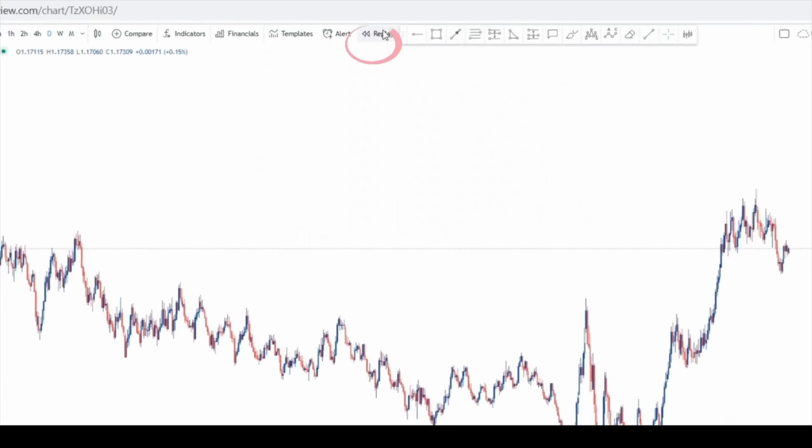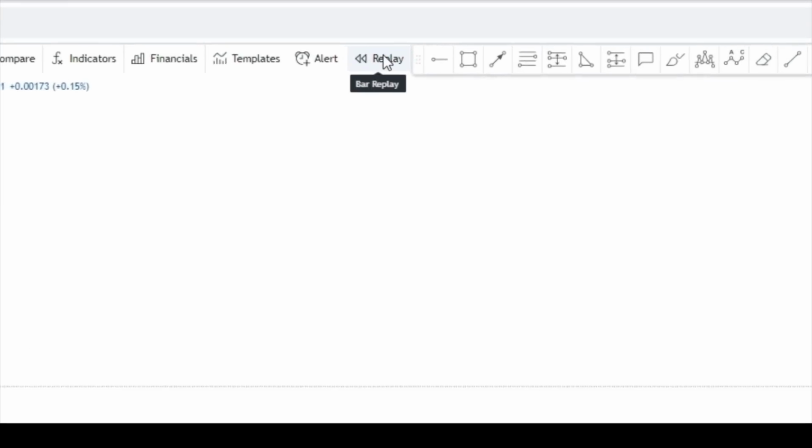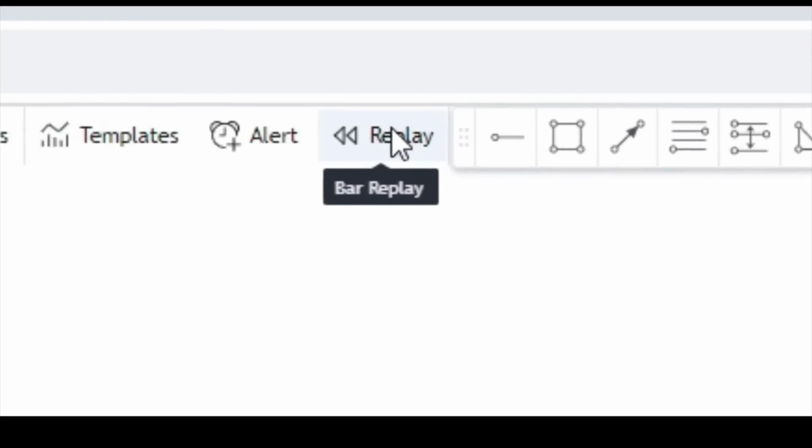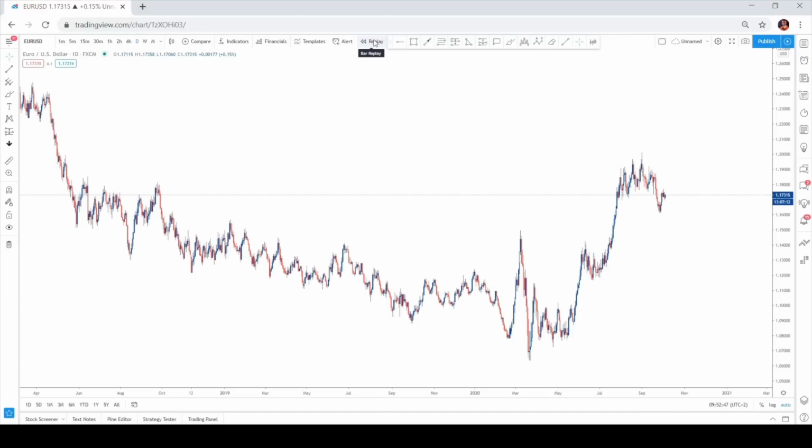Okay, guys, there's a tool called bar replay. Bar replay is provided by TradingView to help people backtest on what happened in the previous data without being distracted by future prices. It is very crucial to subscribe, because you can only access this replay tool when you have subscribed to the TradingView Pro package.